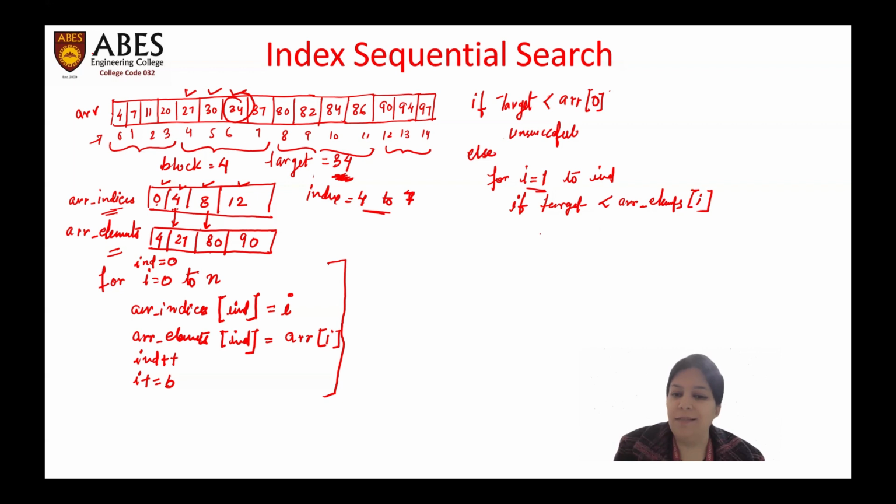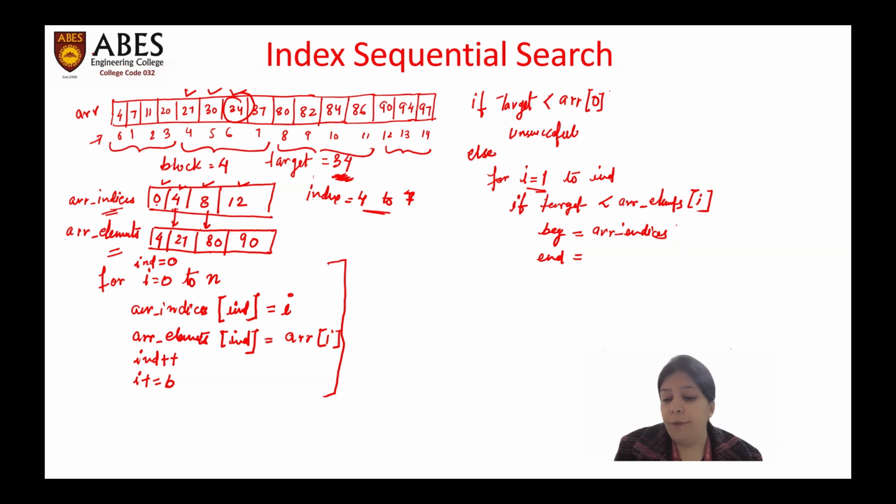So in this case, let us take two more variables, beginning and end, such that beginning will store the starting index of the block which is probably going to have the target value, right? So beginning is equal to ARR indices, and which index is this going to be?